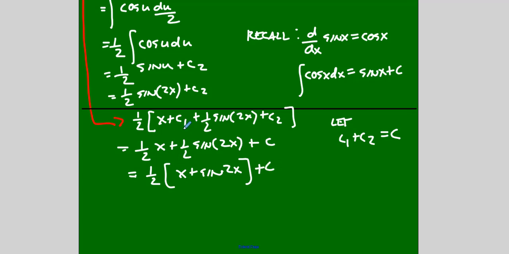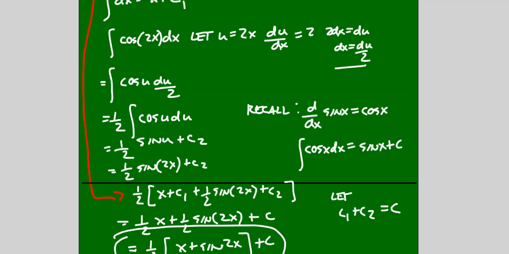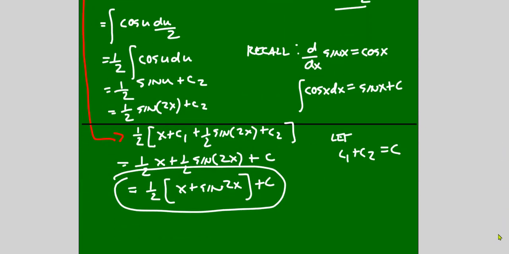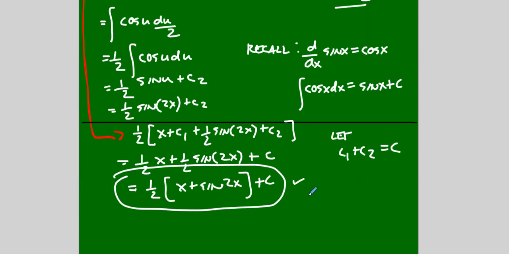And that is our result. So when we use the property here of cosine squared x equals 1 plus cosine 2x over 2, it allows us to do a relatively easy integration, and so then we can get a result directly. And this concludes the video.